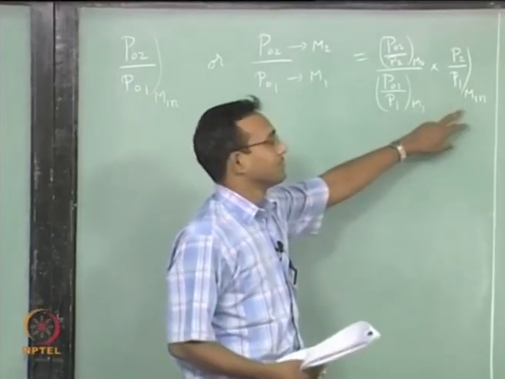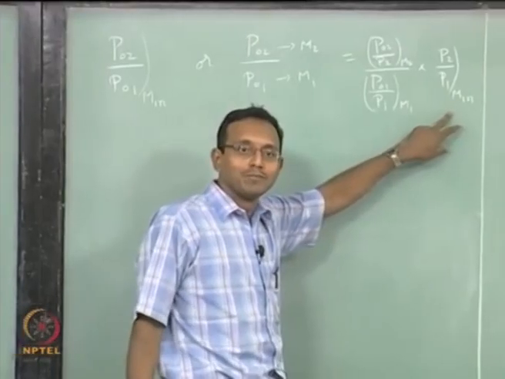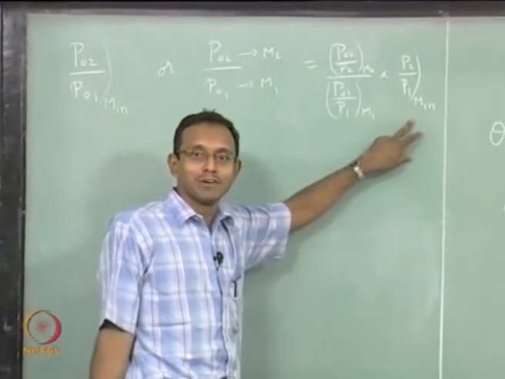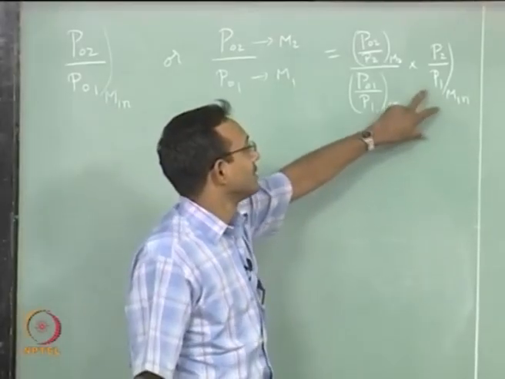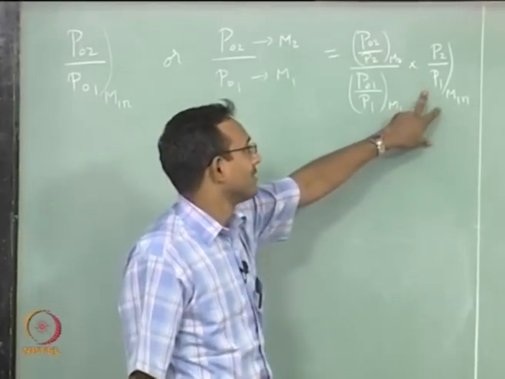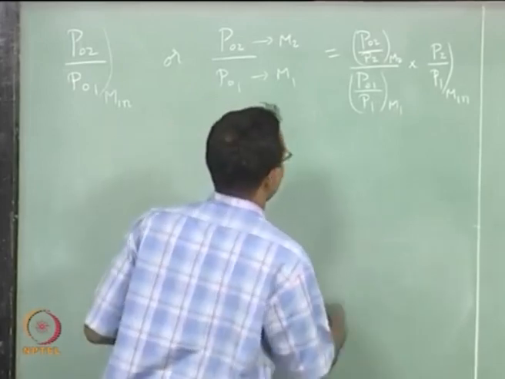Movement of the observer does not change the actual pressure jump across the shock, only the velocity components will change. So, it is going to remain the same, that is what we said.